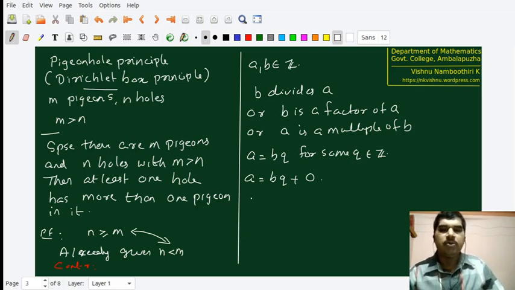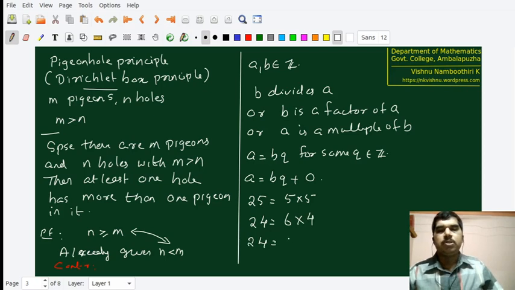For example, we have 25 is equal to 5 into 5. So 5 divides 25. Now 24 is equal to 6 into 4. Therefore, 6 divides 24. 4 also divides 24. But 24 is equal to 7 into 3 plus 3. The remainder is not equal to 0.